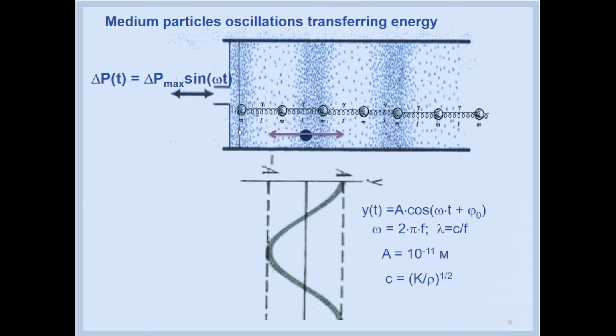It is the vibrating piston. And this process of the transmission of the energy into the medium without noticeable motion of the substance of the medium is termed a mechanical wave. A mechanical wave is the transmission of mechanical energy into the medium.